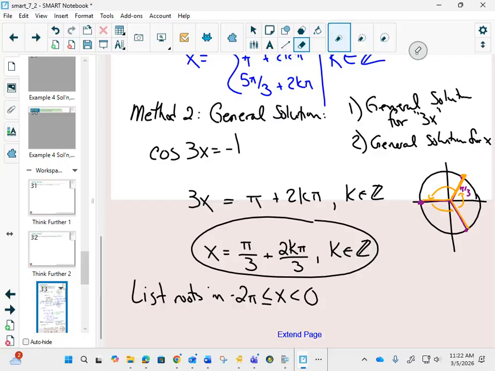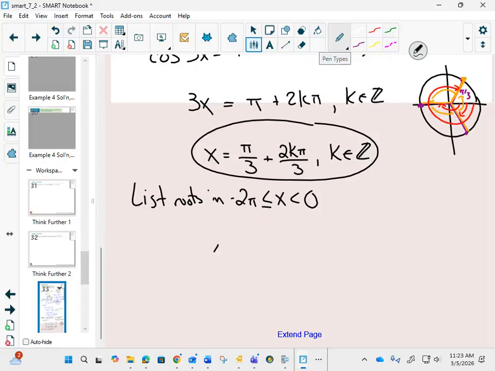And it's nice that I've already drawn the picture. Can you see from negative 2 pi to 0, that's once around in the negative direction, we're going to have one answer here, one answer there, and one answer there. And since I've drawn it, I think it's really easy to see. These are all going to be part of my pi over 3 family.